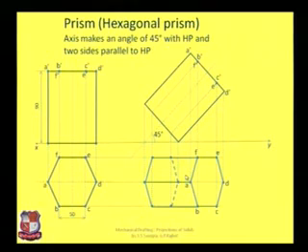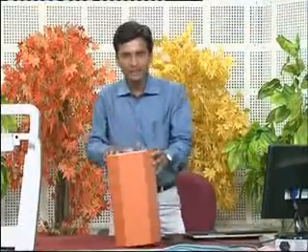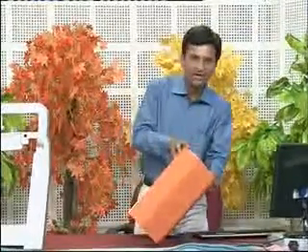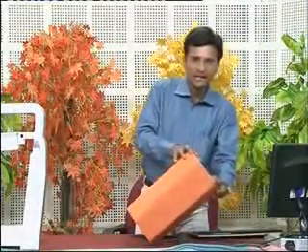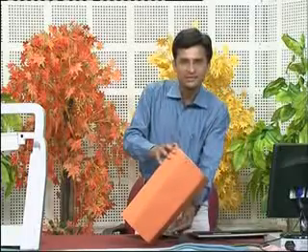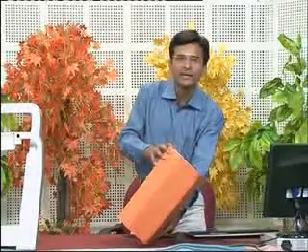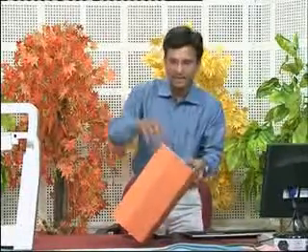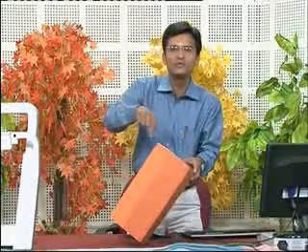In this case, the axis of this solid makes an angle of 45 degree with horizontal plane like this. As we can see here in this model, when this model makes an angle of 45 degree like this, it is tilted like this, in that case this face, this point will not be visible to us, but here this hexagon will be visible to us.